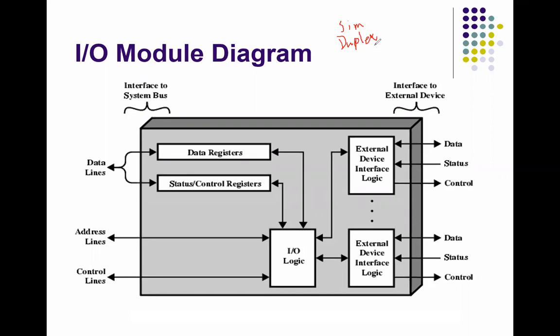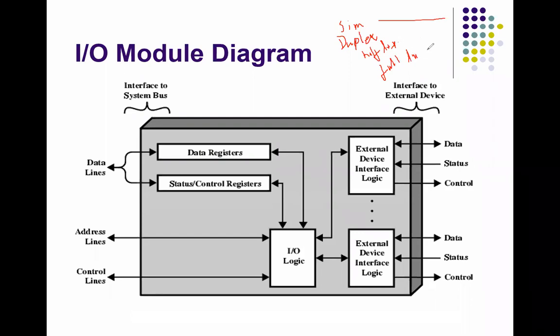By the name actually you can easily understand the difference between simplex and duplex. Simplex means only one direction, right? Only one direction you can communicate. And duplex, in duplex you will find there is half duplex and full duplex.